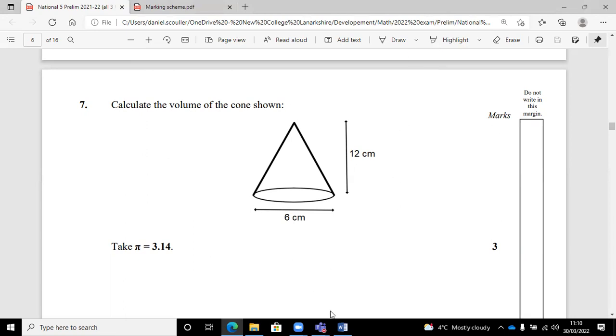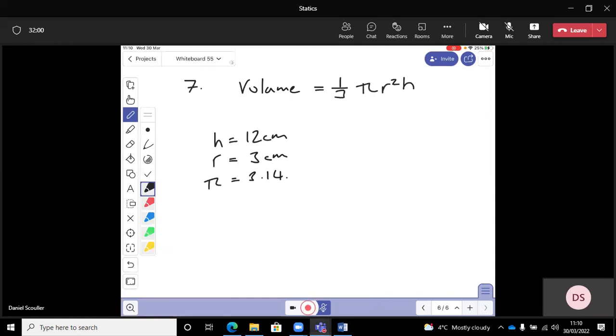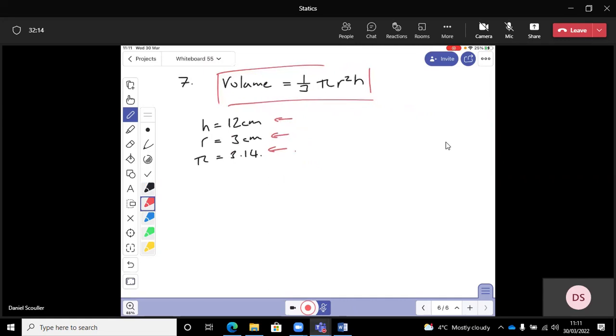Remember this is non-calculator, so we need to use multiplication skills here and understanding. So that's what we're starting with. This is given at the front of your paper. That's me just pulling the data from the question and we just substitute that in.